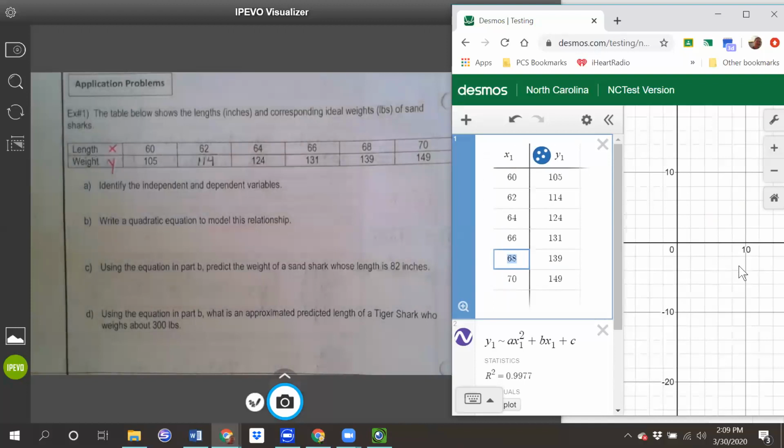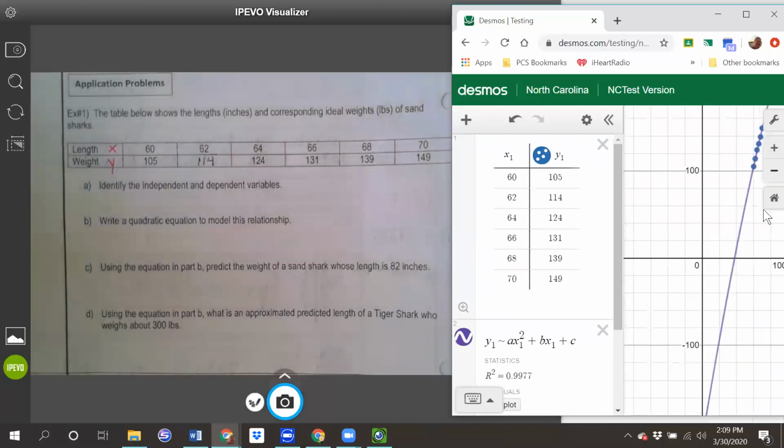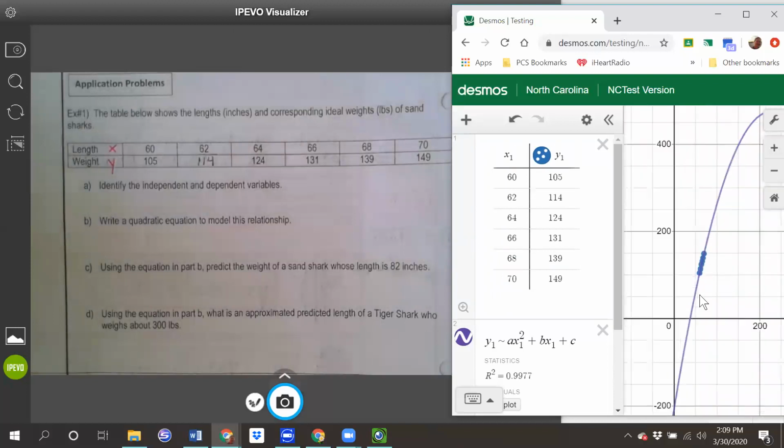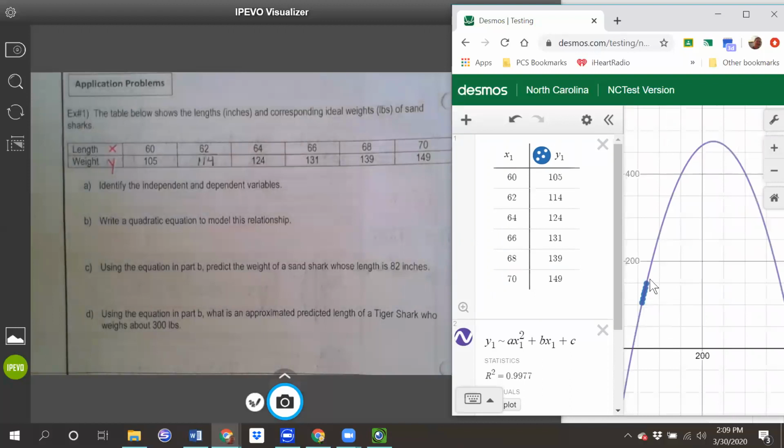So I can't see my graph. So I probably need to zoom this guy out a little bit, and then we will see our data pop up. So here's the data from our graph. So this is sand sharks, their lengths and their weights. And then here is my quadratic formula that has been created based off of this data.